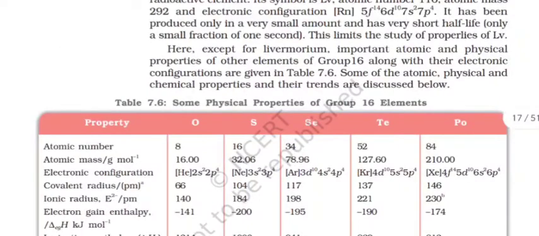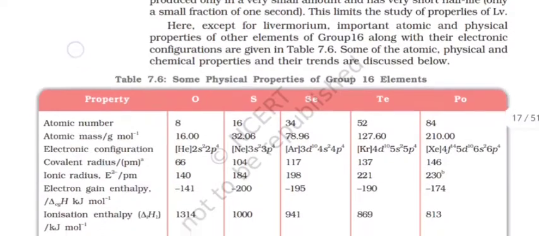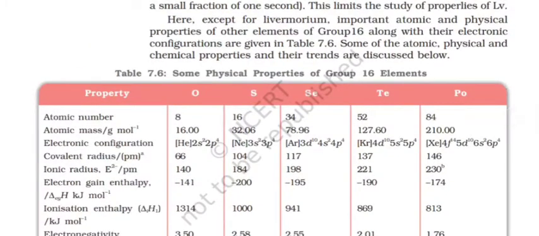Here, except for livermorium, important atomic and physical properties of the other elements of group 16 along with their electronic configuration are given. Some of the atomic, physical, and chemical properties and their trends are discussed below.